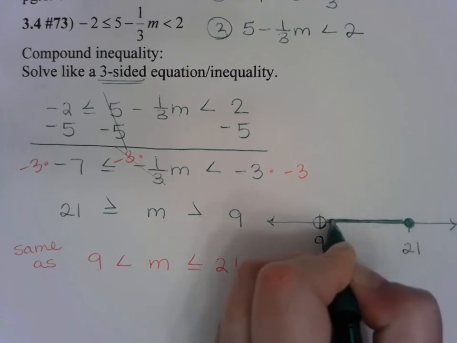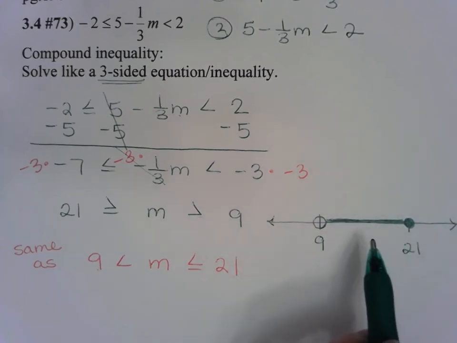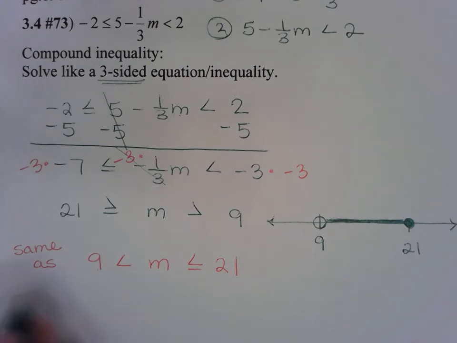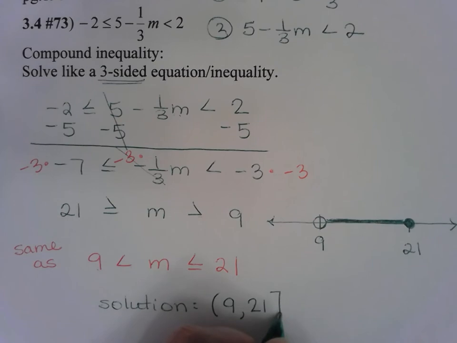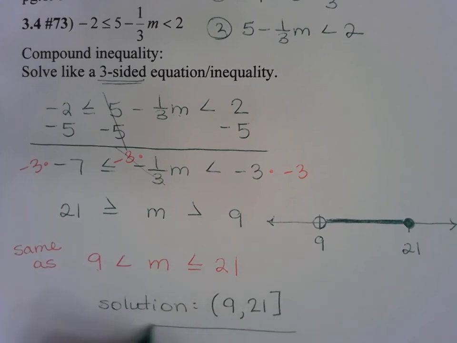So like I said, this is one of those in between. So my final solution here, we're going to have the parentheses from 9 to 21 and then the bracket.